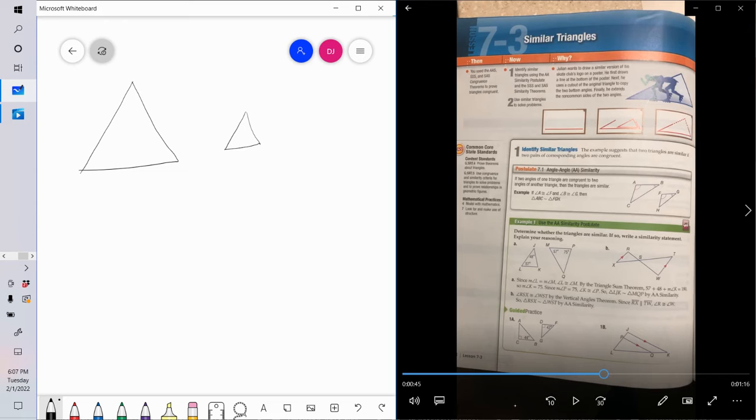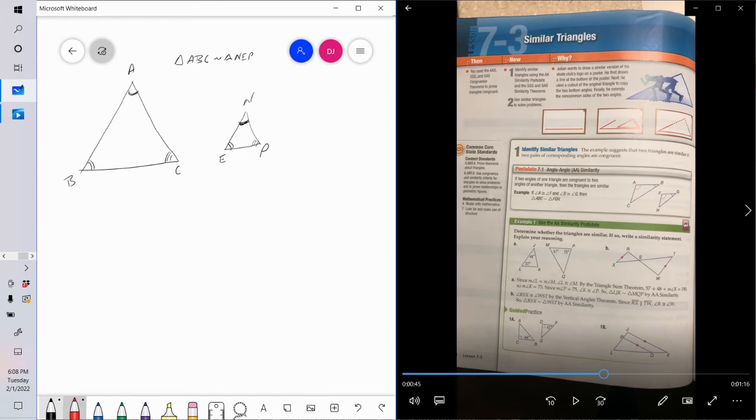Let's call them A, B, C, and N, E, P. So triangle ABC and triangle NEP are going to be similar if angle A and angle N are congruent to each other, angle B and angle E are congruent to each other, and angle C and angle P are congruent to each other.